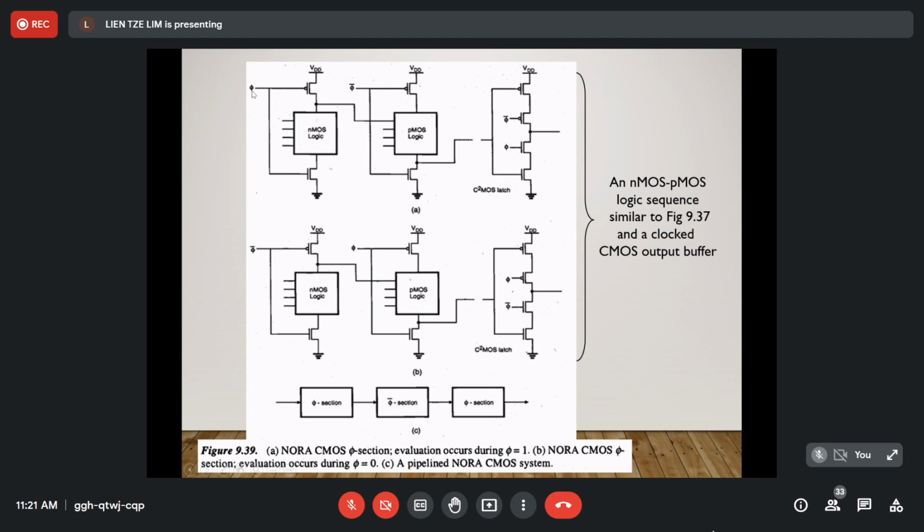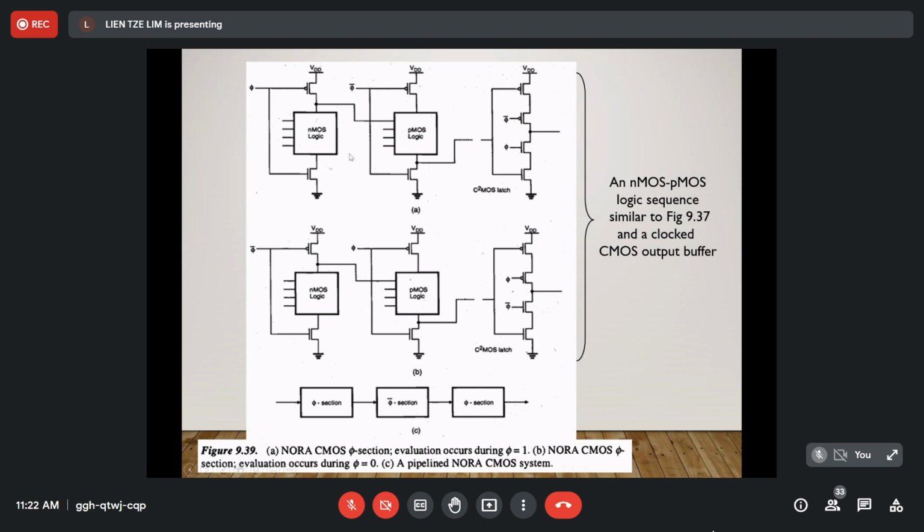This is the phi section; we call it a phi section for this whole architecture. Why? Because the input is driven by this clock signal, followed by the inverted clock signal.